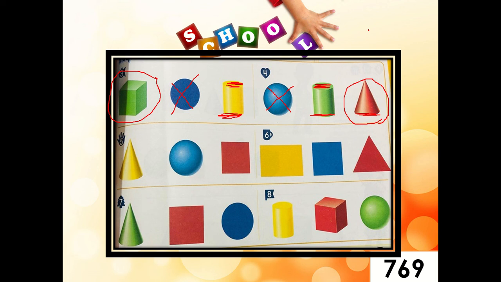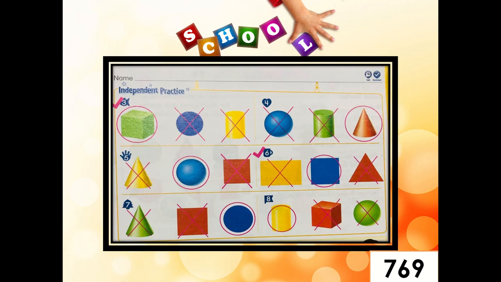Now, let us check if your answer is correct. For number 5, the answer is sphere because it can roll and it doesn't have any flat surfaces. How about number 6?